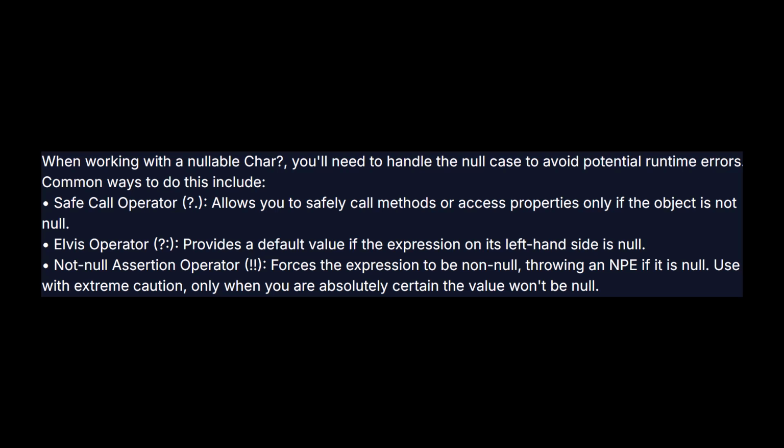Common ways to do this include: the safe call operator, which allows you to safely call methods or access properties only if the object is not null. The Elvis operator, which provides a default value if the expression on its left-hand side is null. The not-null assertion operator, which forces the expression to be non-null, throwing an NPE if it is null. Use with extreme caution, only when you are absolutely certain the value won't be null.